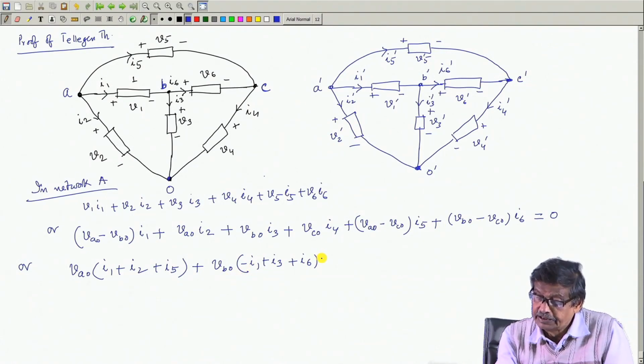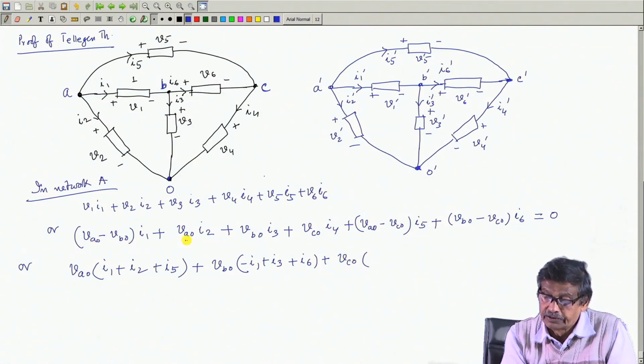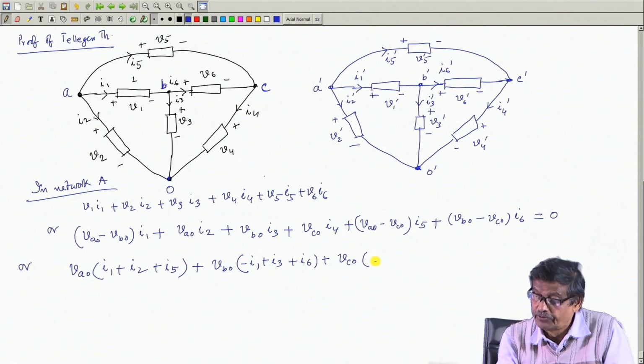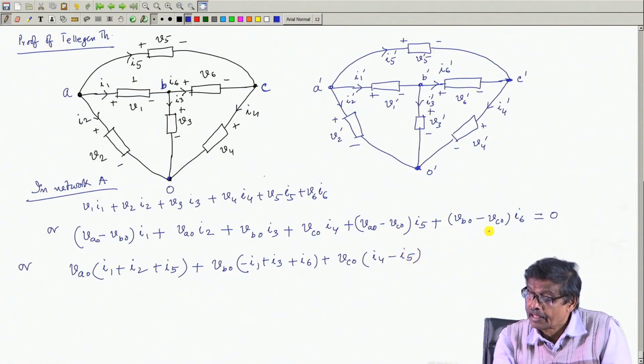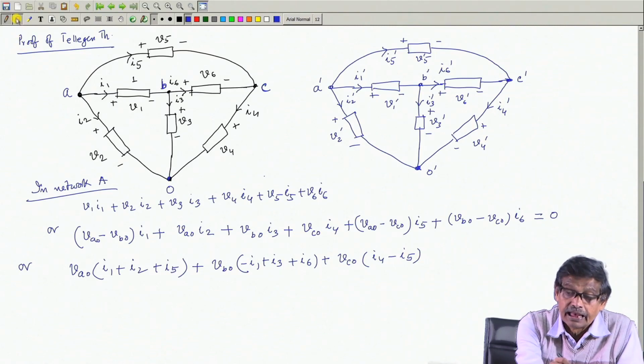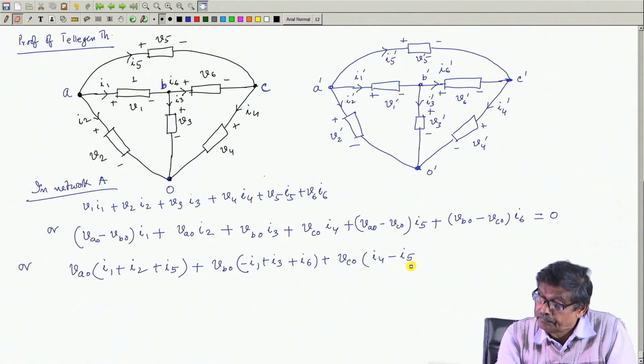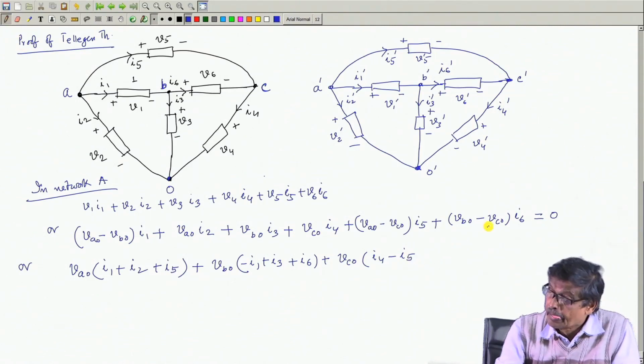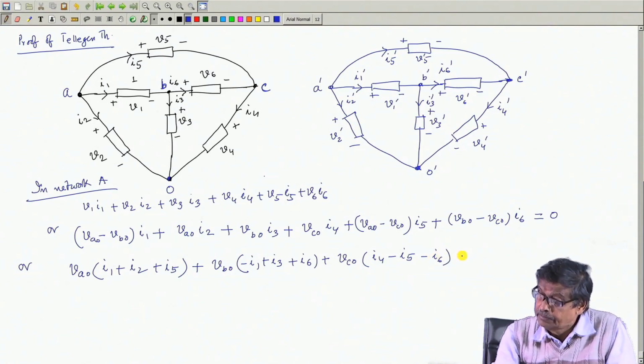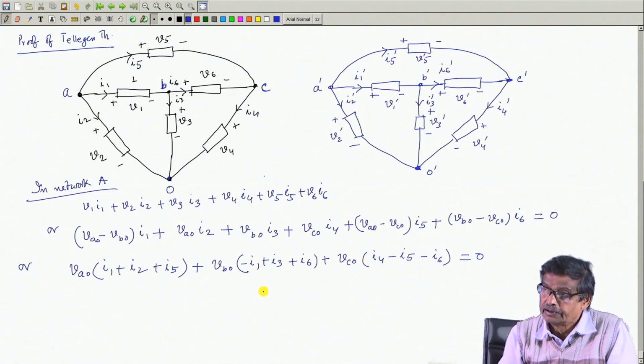Then what is V_C0? All the terms of V_C0 I am collecting: no V_C0 here, it is I4 here, minus I5, and oh sorry, then another term is there, minus I6, and that must be equal to 0, that is what I am telling.